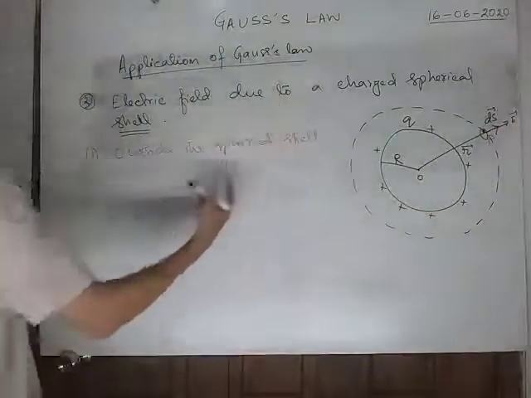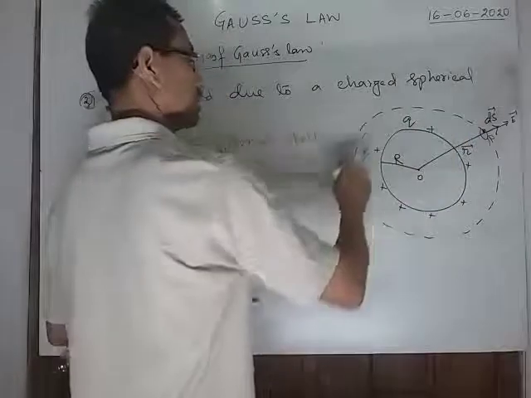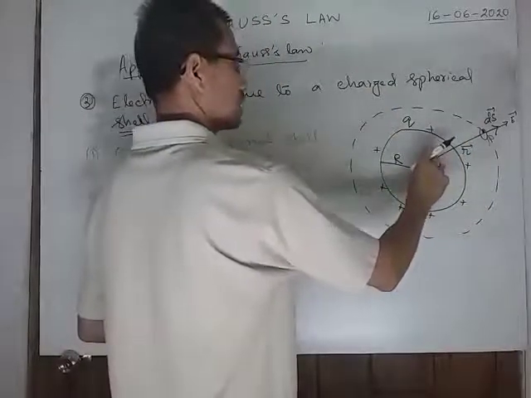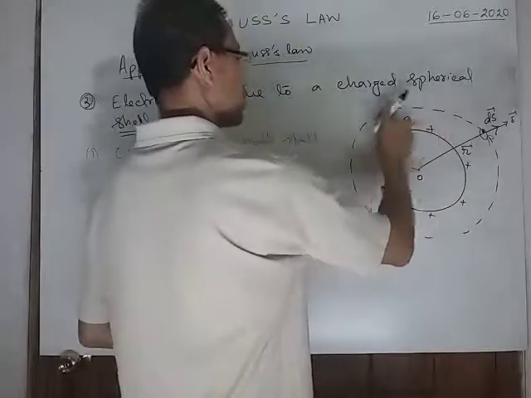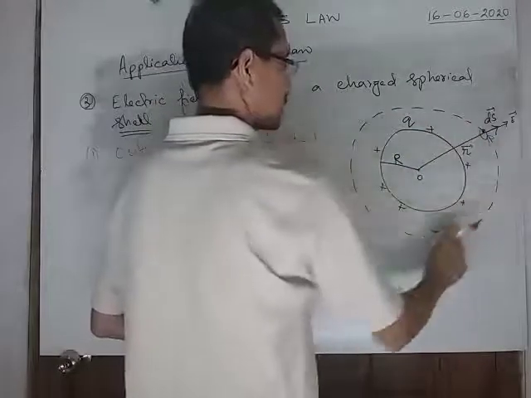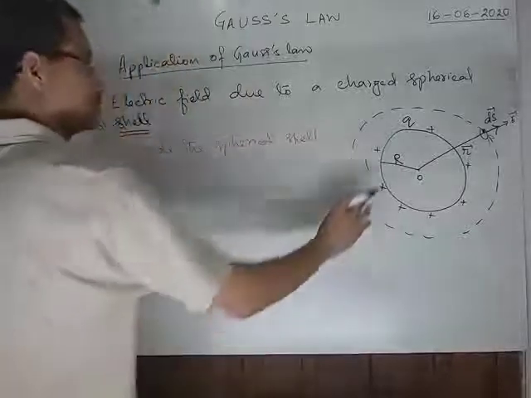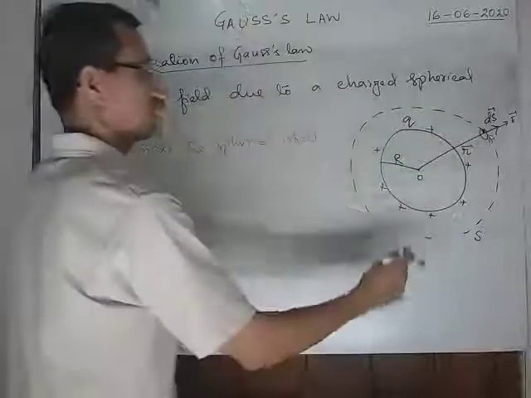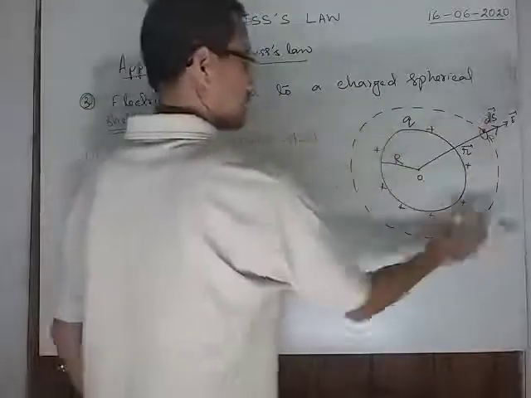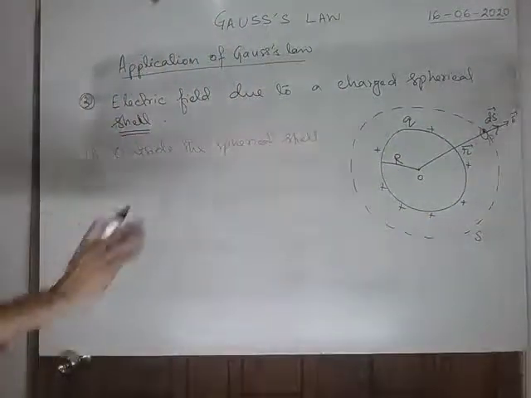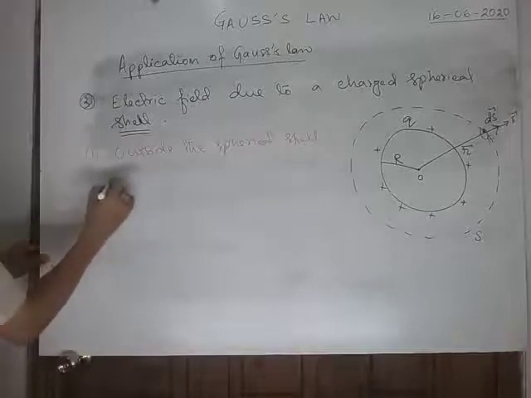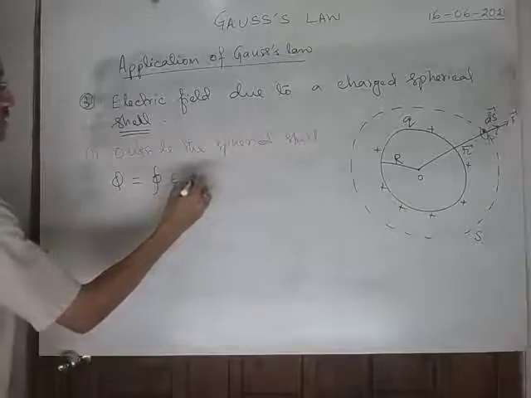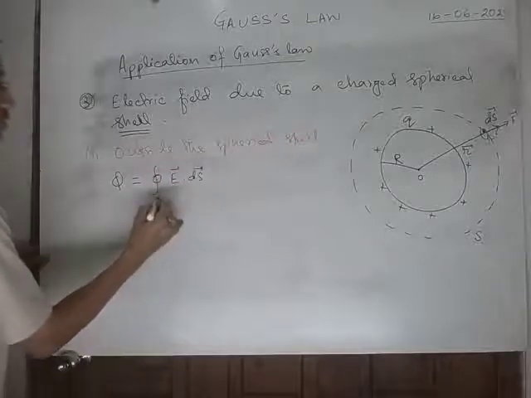Moreover, this being a spherical surface, the distance from the center of the charged body to any point on the Gaussian surface is the same, so your electric field E will be constant over the whole Gaussian surface. So your total flux phi will be equal to the surface integral of E dot dS over the whole surface S.